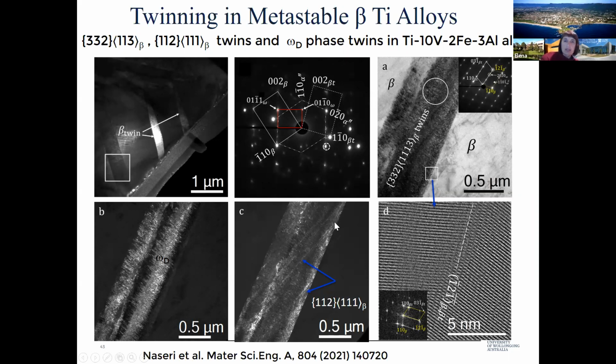What else we could see is that in addition to deformation-induced omega formed, we also have formation of {112}<111> twins. As you could see, this goes like these ones across the {332}<113> twin, and also along the interface between the {332} twin and beta matrix.